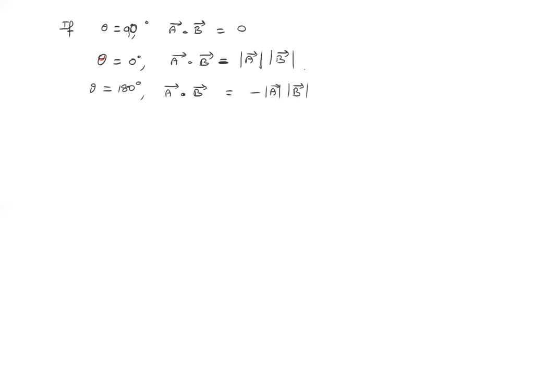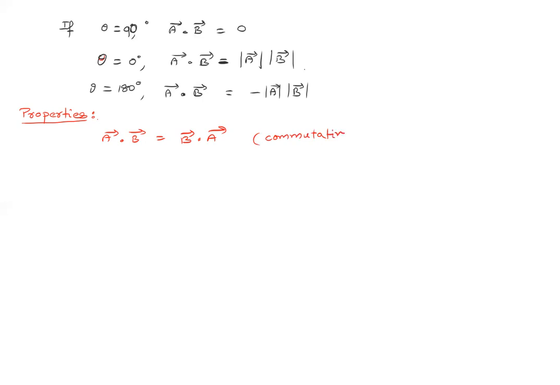Now you will utilize these properties. Coming to the properties: a bar dot b bar will be equal to b bar dot a bar, because the angle is not going to change. This is called the commutative law.